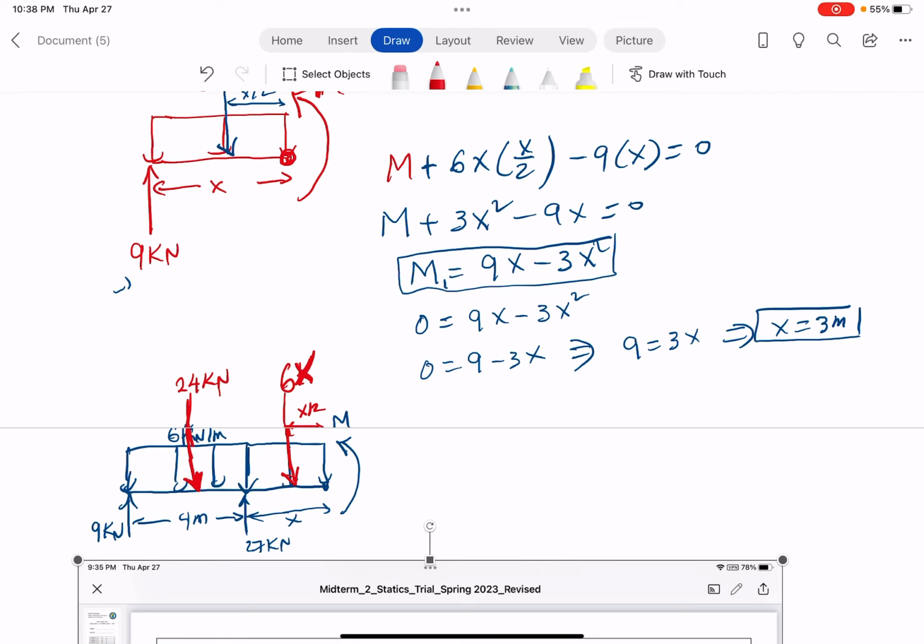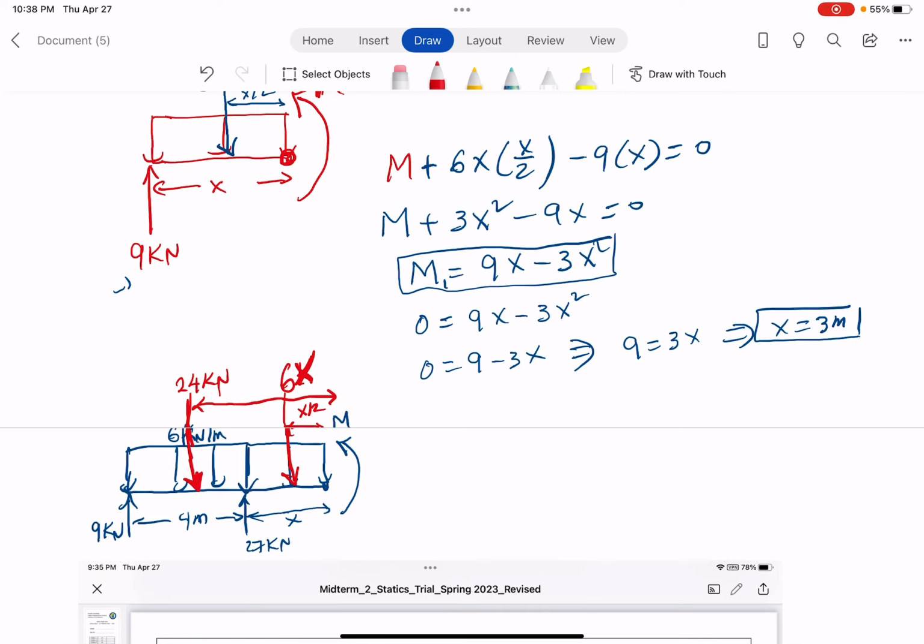So from here to the point of the moment, it is 2 plus X.